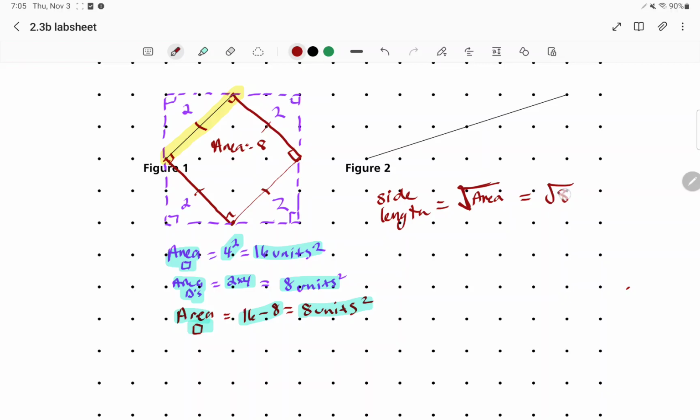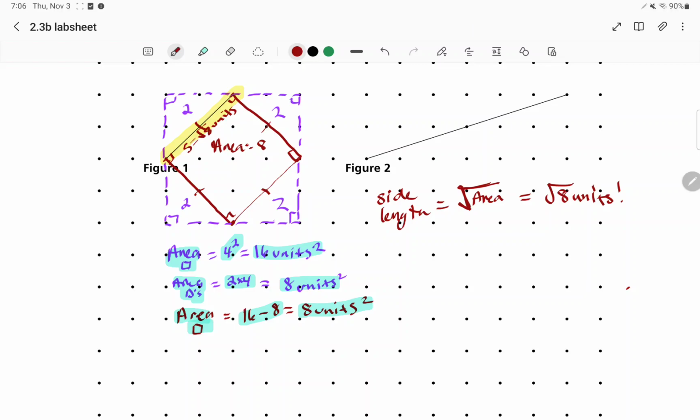So it's the square root of 8 units. Because if I wanted to find the area of that square, I would take the square root of 8 times the square root of 8. That's length times width, which is just 8.